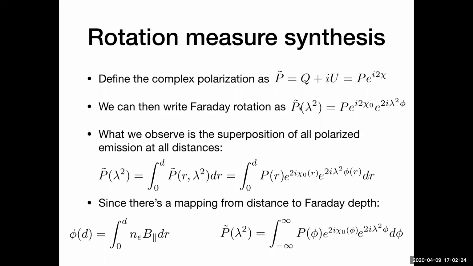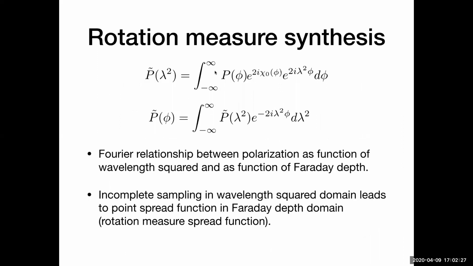And it turns out that the mathematical form is right, that we can define a Fourier relationship between this and the polarization as a function of different possible Faraday depths or different rotation measures.